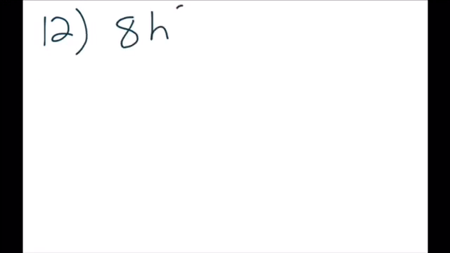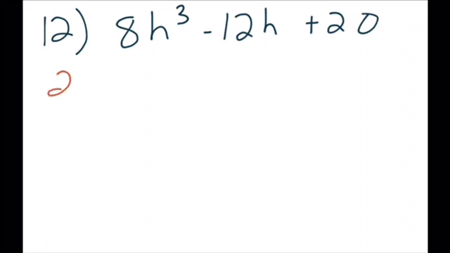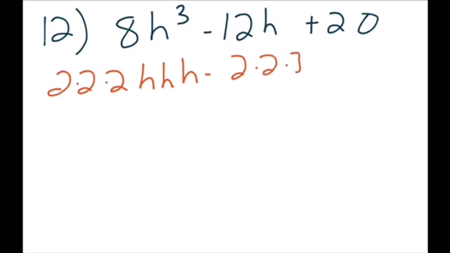All right, let's finish up our last four problems here. So we have number 12, which was 8h to the third minus 12h plus 20. Is there a GCF? Let's see. 2 times 2 times 2, h minus 2 times 2 times 3, h plus 2 times 2 times 5.